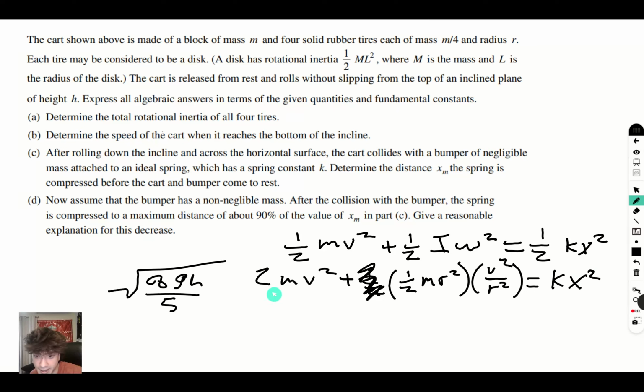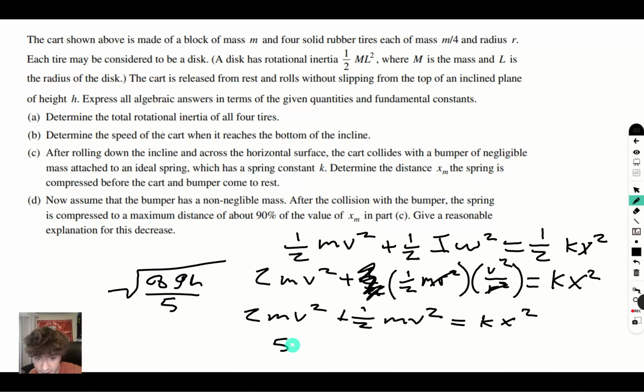So here we get 2mv squared plus 1/2 mv squared is equal to kx squared.